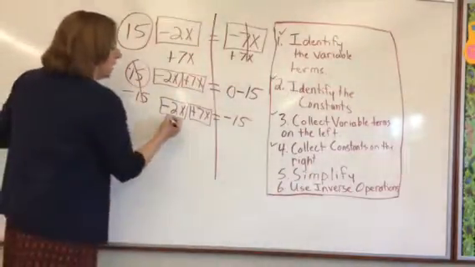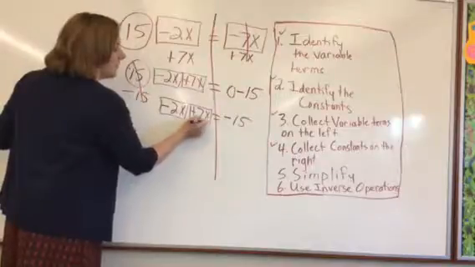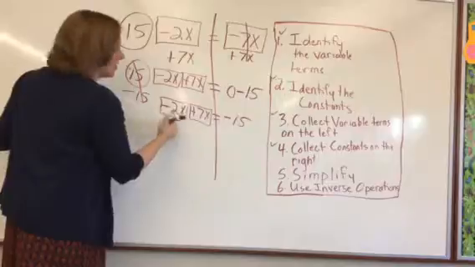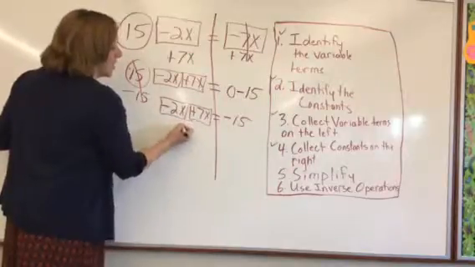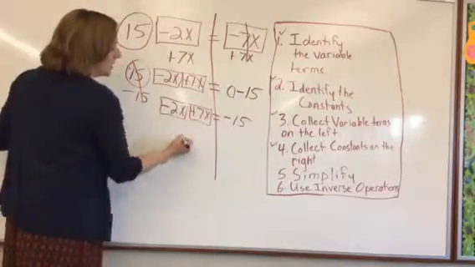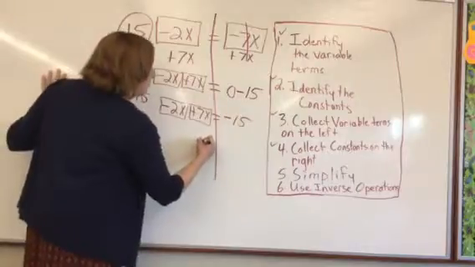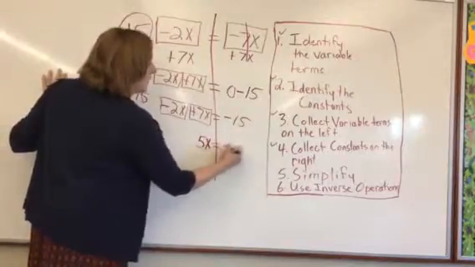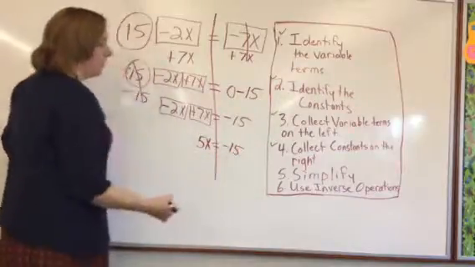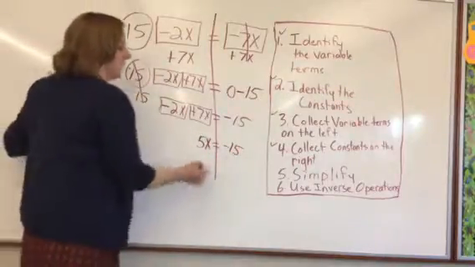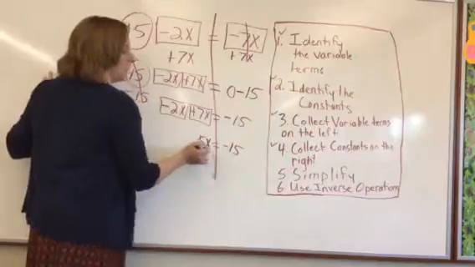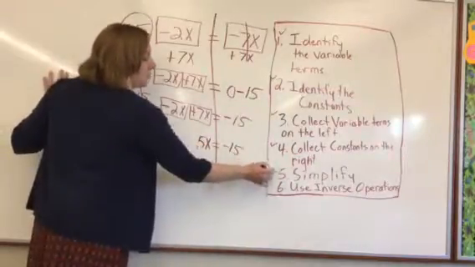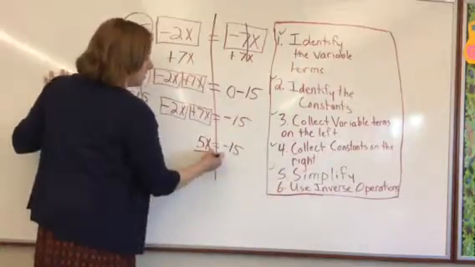Negative 2x plus 7x, they can be simplified because they're together on the same side of the equal sign and they're like terms. So negative 2x plus 7x becomes 5x equals negative 15, and now I'm on my very last step. Now I'm down to a single step equation. 5x equals negative 15, and I use inverse operations.